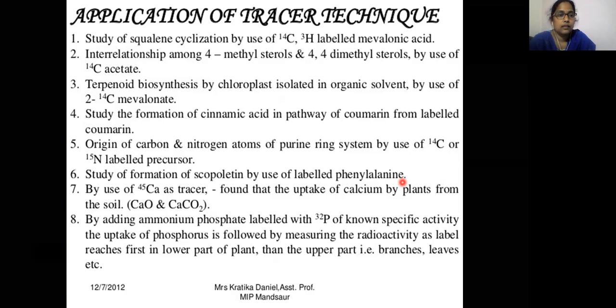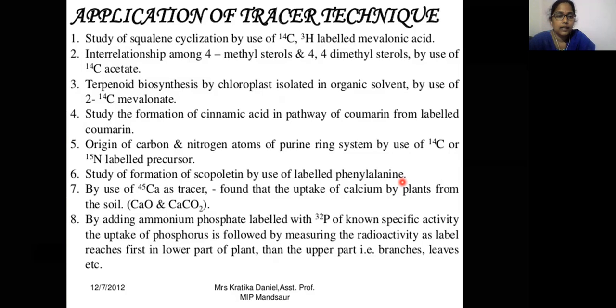And the next is interrelationship among 4-methyl sterols and 4,4-dimethyl sterols by using C14 acetate. Here we are using acetyl-CoA as the precursor, labeling it with C14, and developing the interrelation among the 4-methyl sterols and dimethyl sterols.